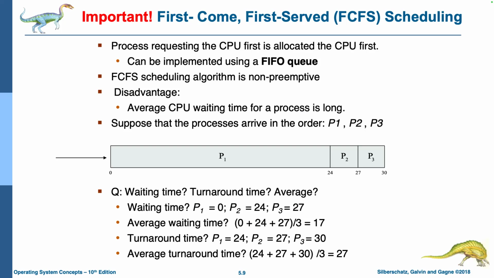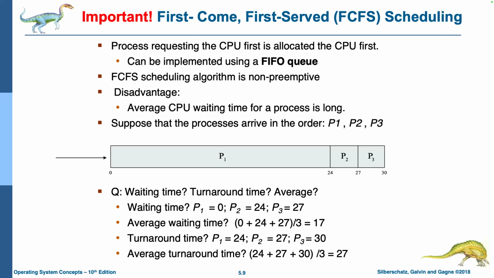P1 doesn't wait, so it's 0. How about P2? P2 must wait. Here P1, P2, P3 arrive at the same time, at 0, to make it easy to calculate.